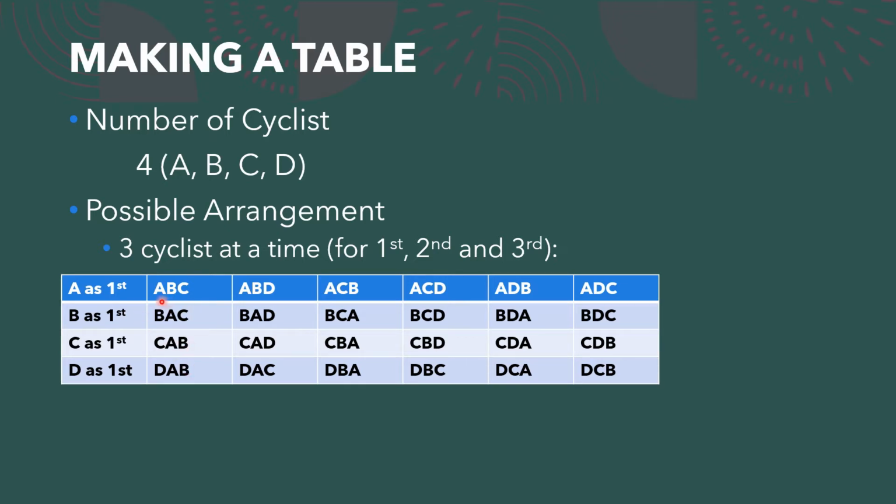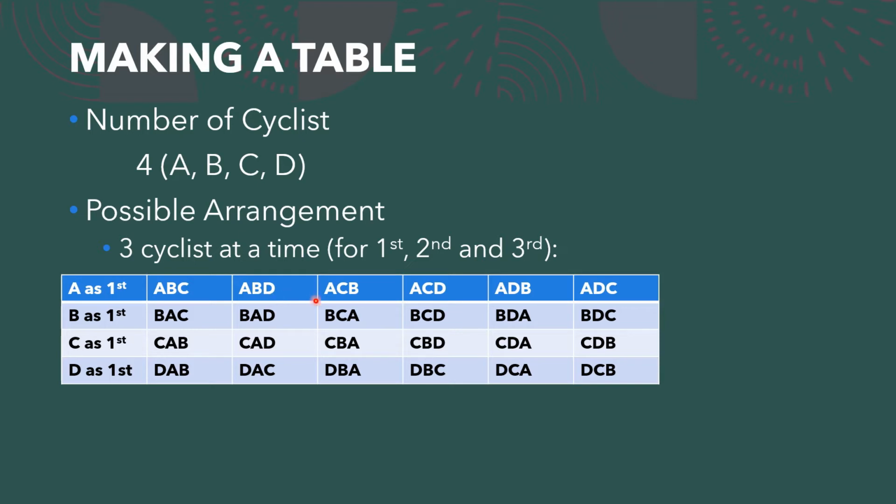So, kung titignan natin sa unang row, si A ang ating first placer. So, ayan, pansinan nyo, si A lahat ang first placer. Sa pangalawang column, tsaka sa pangatlong column, si B ang ating second placer. Ayan. Pero kung mapapansin, ang ating third placer ay si C or si D. So, pinalitan lang natin ng third placer.